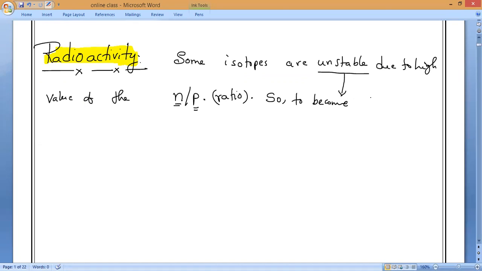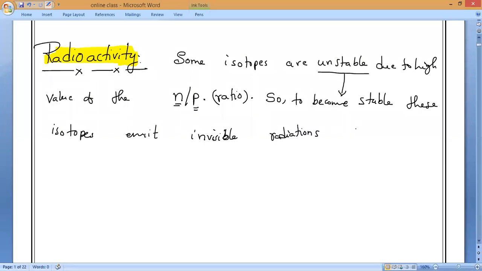So to become stable, these isotopes emit invisible radiations, which are called radioactive radiations.